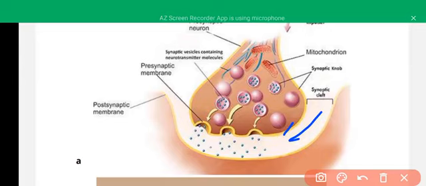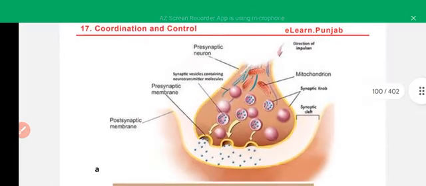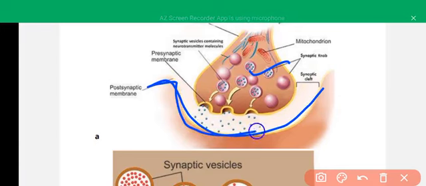And here the chemicals are released. Here is our synaptic knob, at the presynaptic neuron, and various types of chemicals are secreted from the presynaptic neuron. These are called neurotransmitters. They are packed inside the presynaptic neuron, and they are released into the synaptic cleft and reach the postsynaptic neuron.